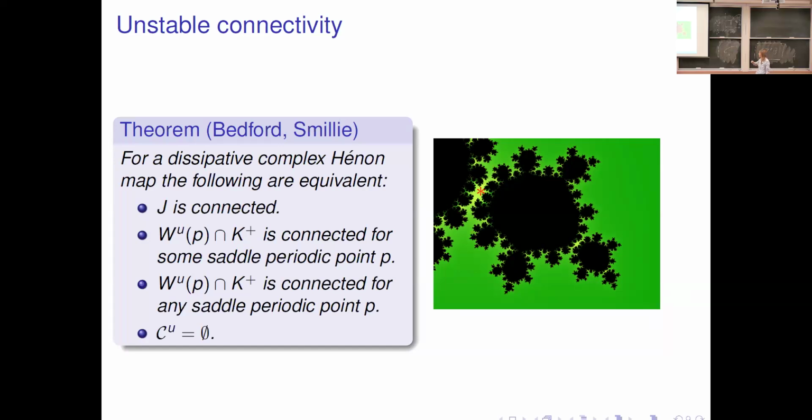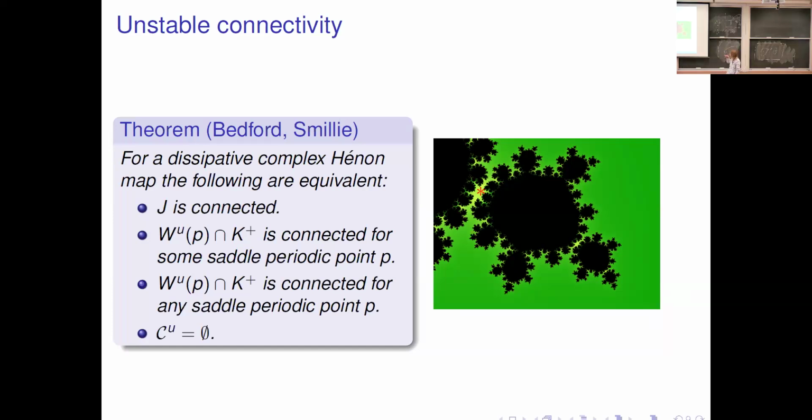So you want to know whether the whole Julia set is connected. You can understand it just on one unstable manifold. If you see that it's connected on one unstable manifold, it will be connected on all of them.